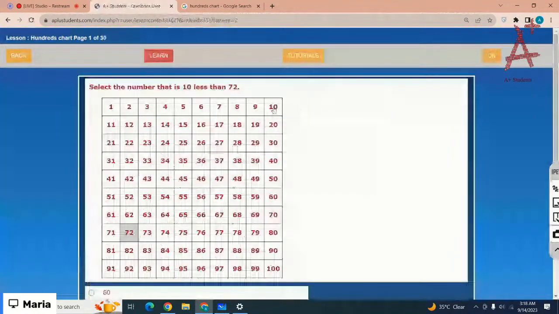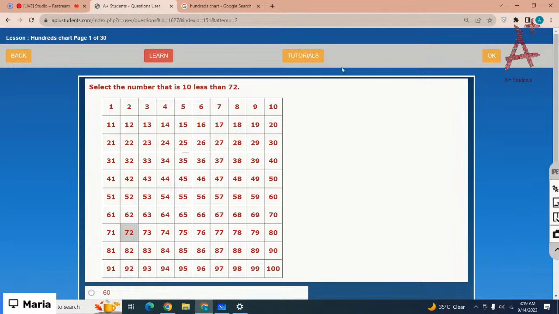Select the number that is 10 less than 72. So which is the correct option? First of all, you have to find 72 on the number line. So here is 72, the highlighted one, right? You have to calculate 10 less than, that means you have to move one square up.